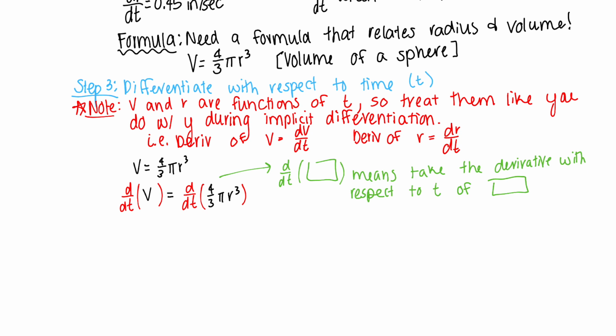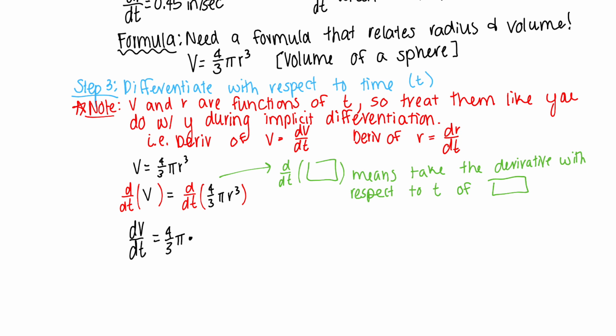So the derivative of volume would be dv dt. And then over here, there's no product rule or anything because pi is just a number, 4/3 is just a number, so we just have to treat r cubed like it were a y. So this 4/3 pi I'm going to leave alone for a second.